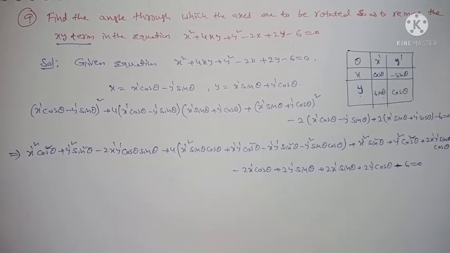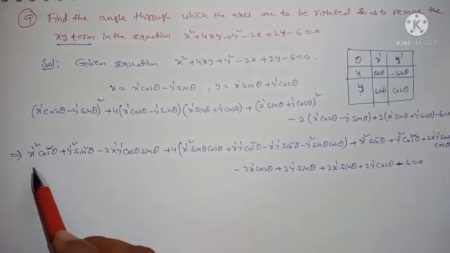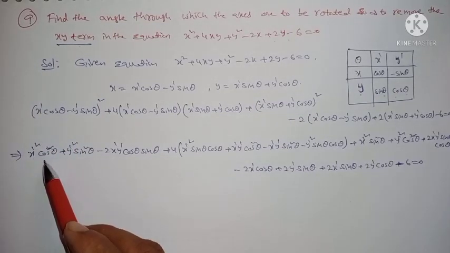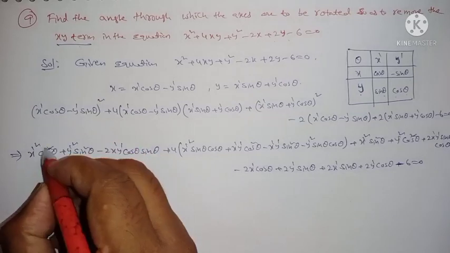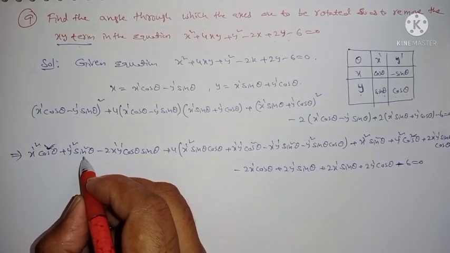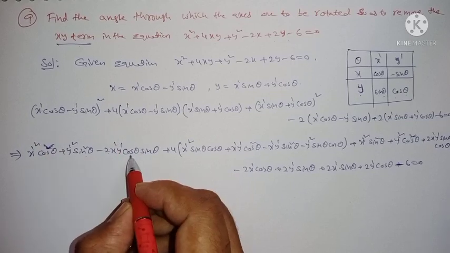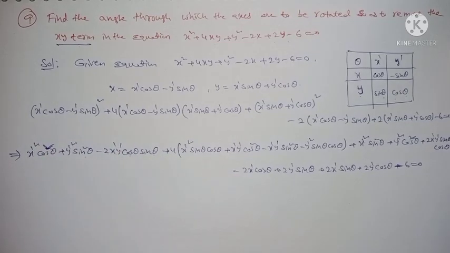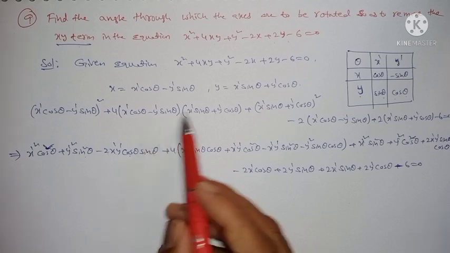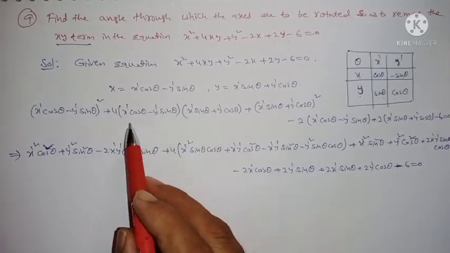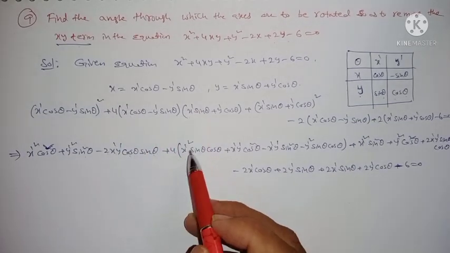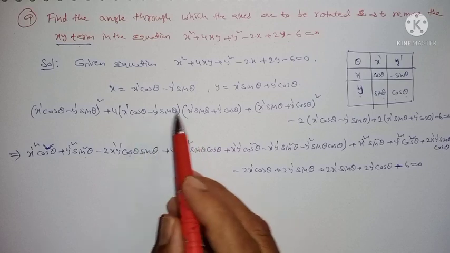Observe here, this is in the (a minus b) whole square form. Therefore, I can write here x dash square cos square theta plus y dash whole square sin square theta minus 2 x dash y dash cos theta sin theta. This is the second term: 4 x dash square cos theta sin theta.